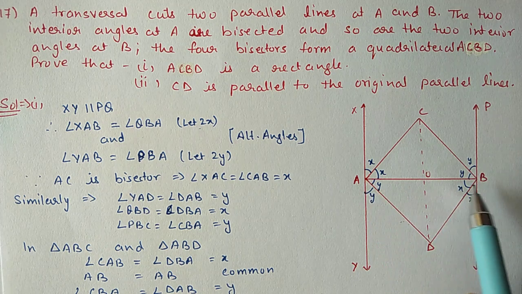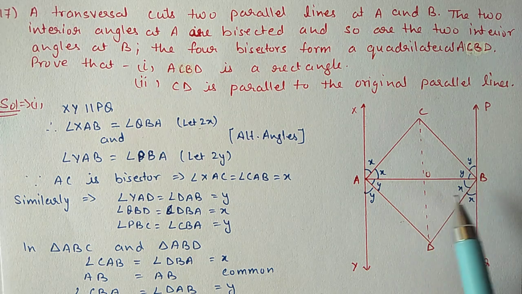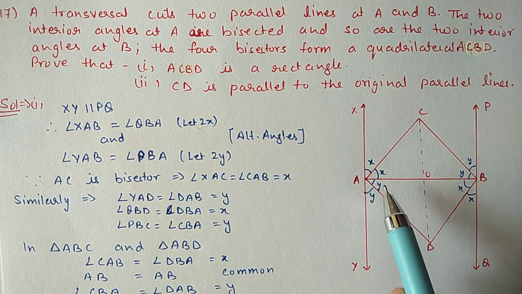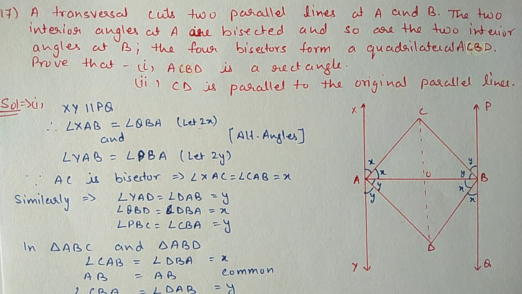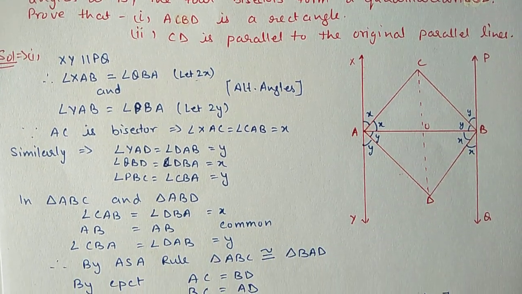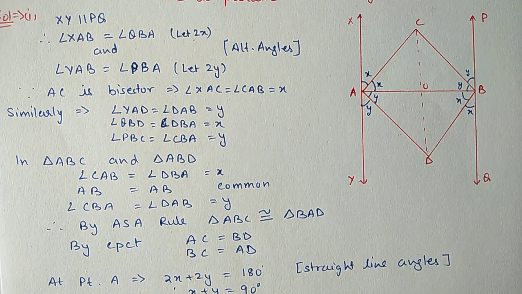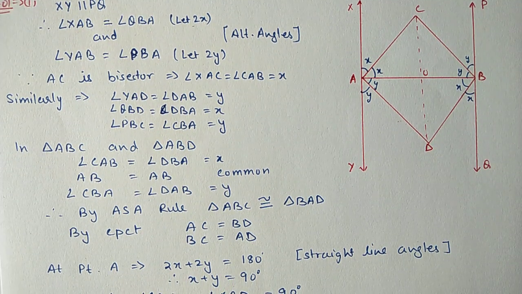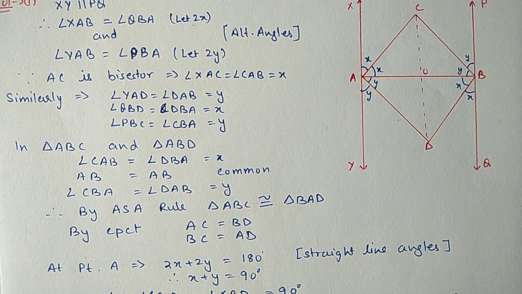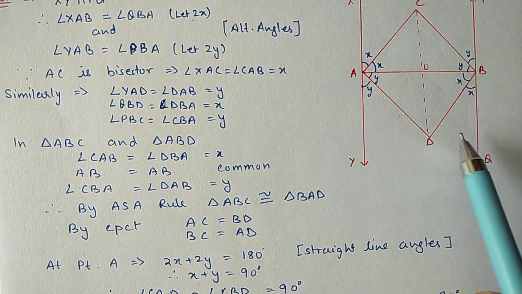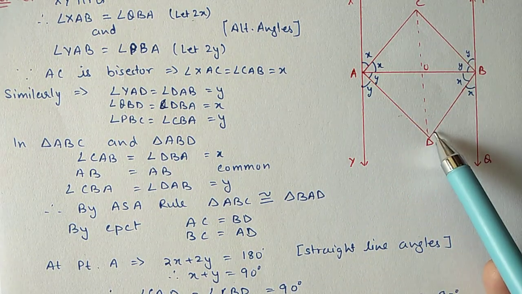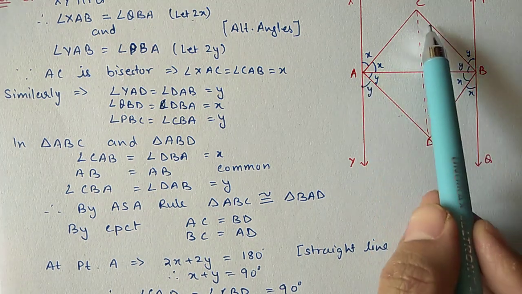Then next, AB is common for both triangles. So by the angle-side-angle rule, these two triangles are congruent to each other. And by CPCT, corresponding sides and corresponding angles will be equal. So we can say AC is equal to BD and AD is equal to CB.